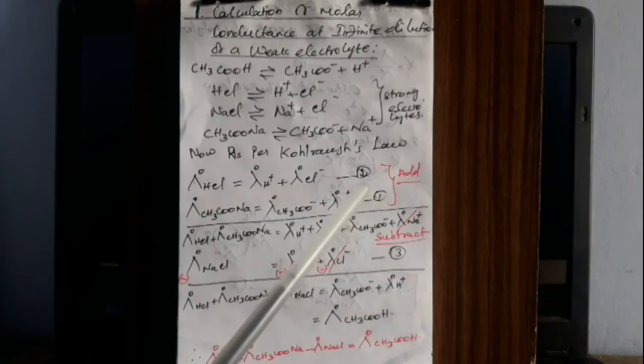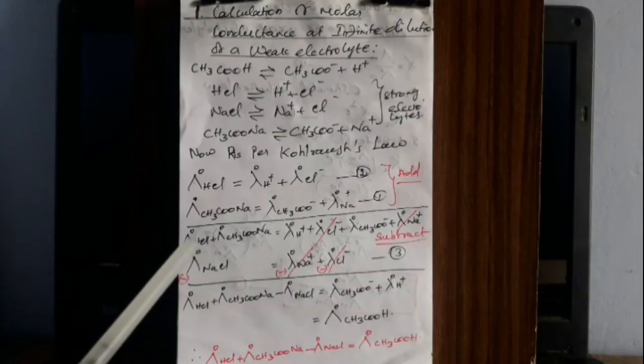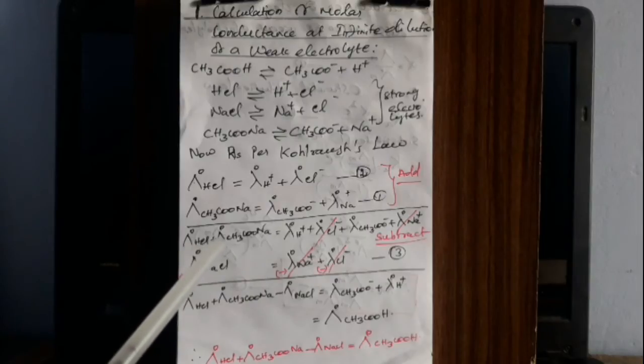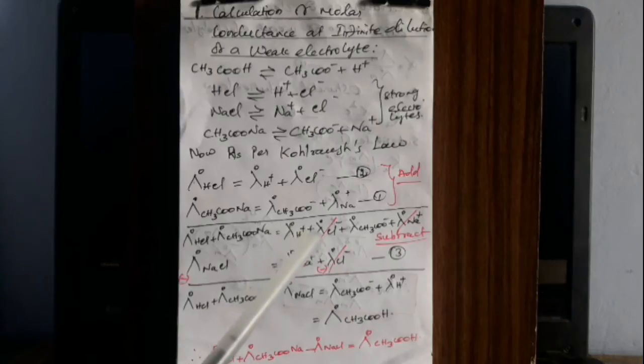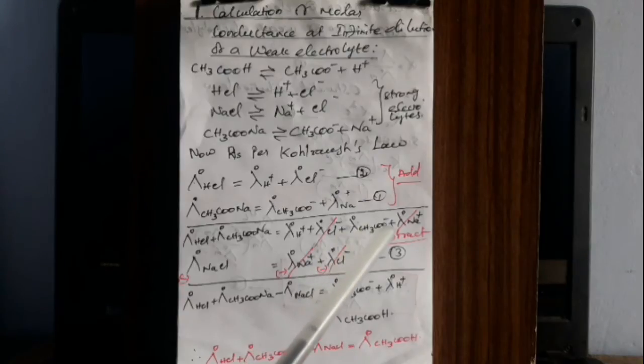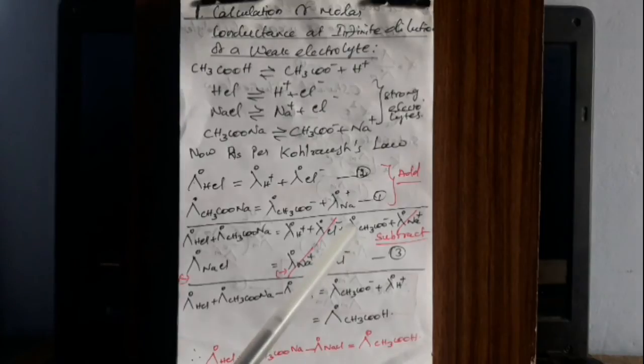Now add these two equations: lambda 0 HCl plus lambda 0 CH3COONa is equal to lambda 0 H plus plus lambda 0 Cl minus plus lambda 0 CH3COO minus plus lambda 0 Na plus. Next, the third one: lambda 0 NaCl is equal to lambda 0 Na plus and lambda 0 Cl minus. For the final equation, subtract equation 3 from the sum of 1 and 2.